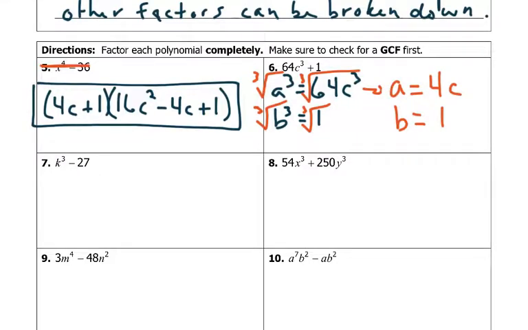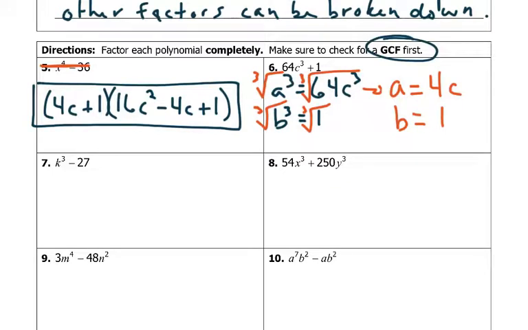When we look at this problem, let me scroll up to it. First thing we need to look at is, do we have perfect cubes? Okay, 54 is not a perfect cube, all right? So that's an issue. But if you notice, we do have a GCF. It's the first thing we always need to check first. And it says that right there at the top in the instructions, okay?